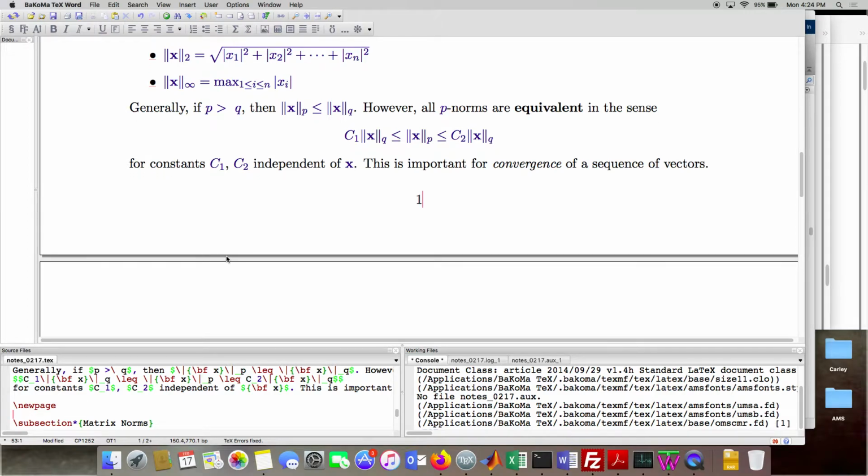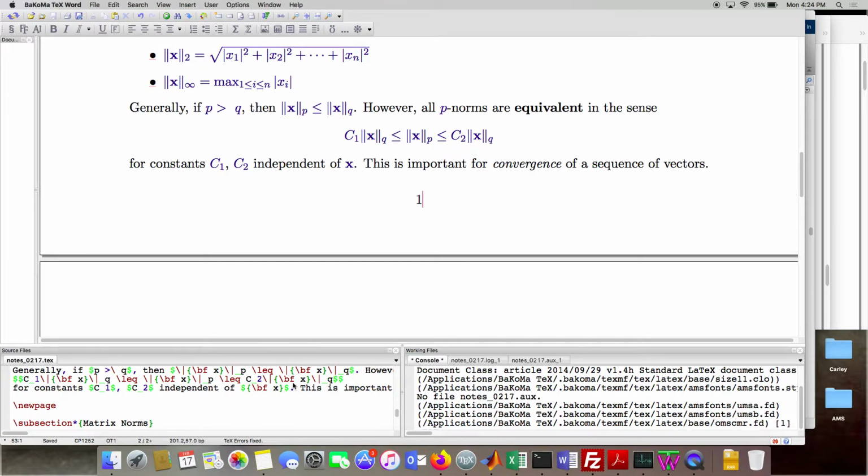Okay. So I could say here, if p happens to be greater than q, then the constant c2 would be equal to 1. But then there'd be some other constant over here. The constant might depend on the dimension of the space. Like if these are n vectors, sometimes the constant might be n over square root of n or 1 over square root of n, something like that. That's okay, but it's still independent of x itself.